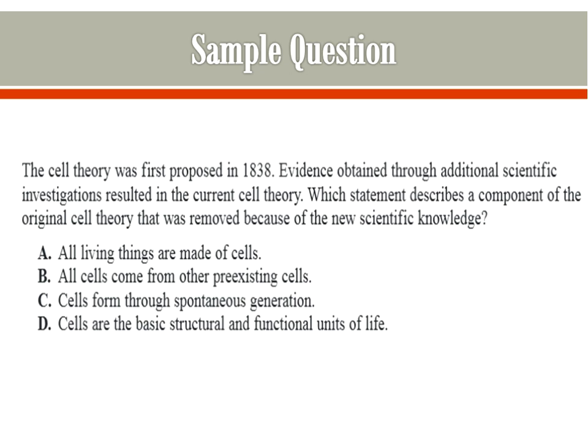Evidence obtained through additional scientific investigations resulted in the current cell theory. So which statement describes a component of the original cell theory that was removed because of new scientific knowledge? So what do you guys think? Use the poll for A, B, C, or D. Give you guys about 20 seconds.